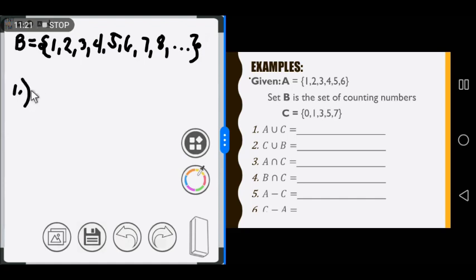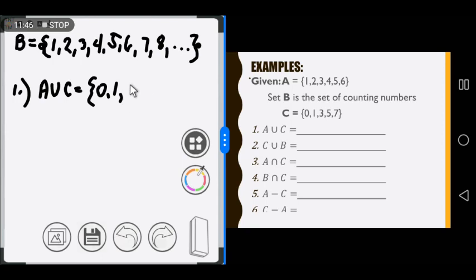Since sa number 1, ang involved lang ay A at C, dun tayo sa kanan tumingin. So, A union C, we are to combine the elements of A and C. Okay? So, pagsunod-sunodin natin yung elements. So, nag-start tayo dito. Ang C merong 0. So, sulat natin ang 0. Parehas may 1. So, 1s na lang natin isulat.